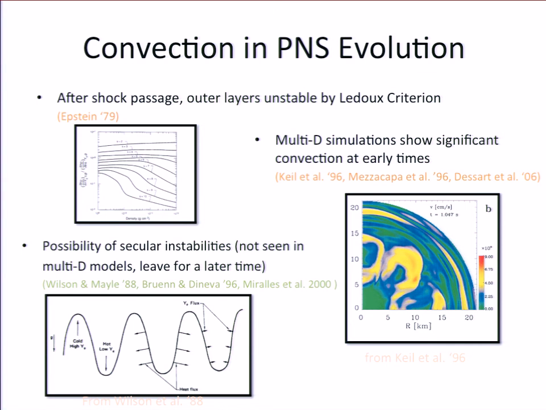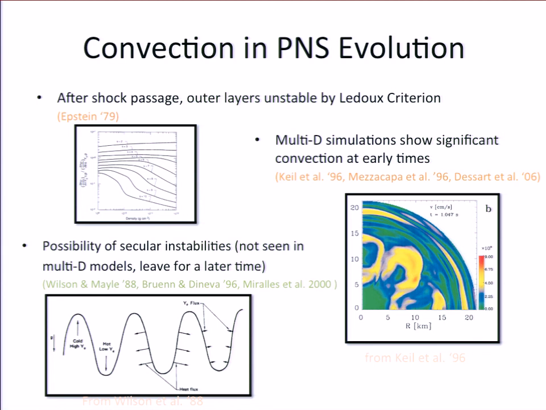This was pointed out very early when people started looking at the supernova problem, that this stuff was unstable. And people have looked at this in detail over the first few hundred milliseconds of the proto-neutron star's evolution in multi-D, and there have been suggestions that there can be instabilities that are a little bit more complicated than a standard Ledoux instability. But we're going to ignore the details of the multi-D stuff and just employ a fairly simple mixing length scheme, which is maybe not the worst thing to do.